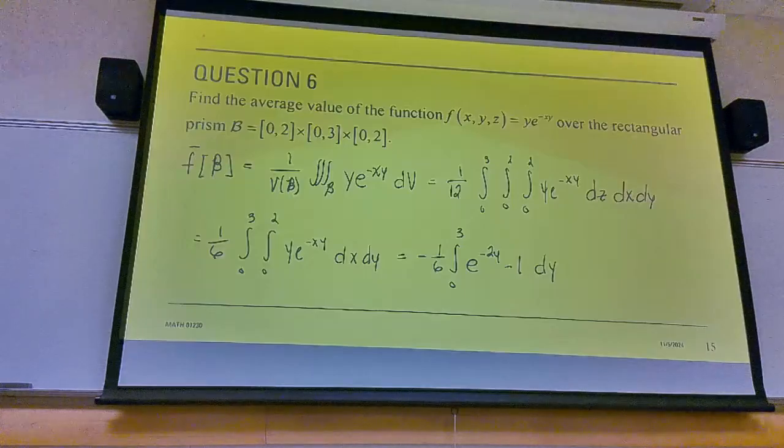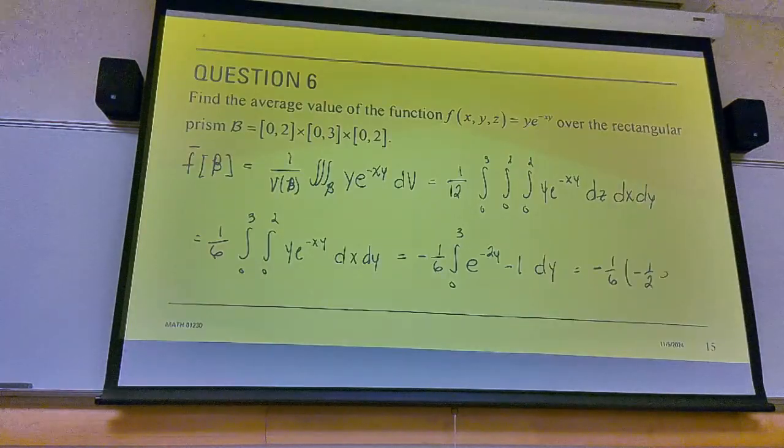Yeah, y up front. That's essentially change of variable. Oh, I see. Oh, now this is simple, right?